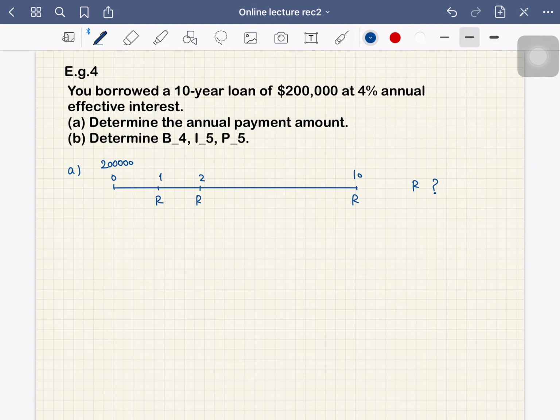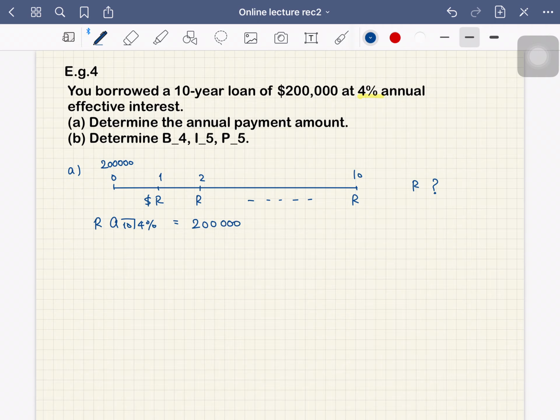So you can see that this is the annuity immediate of R dollars for n years. So R times a angle 10 at 4% is equal to 200,000.